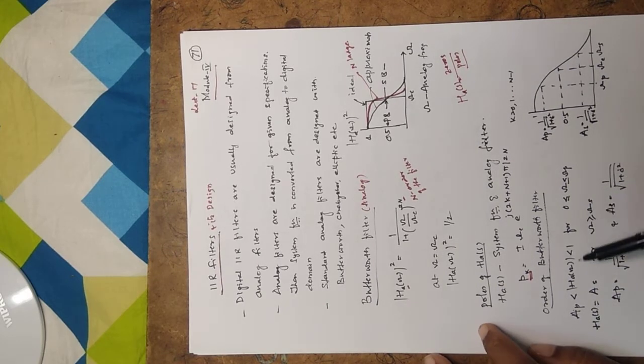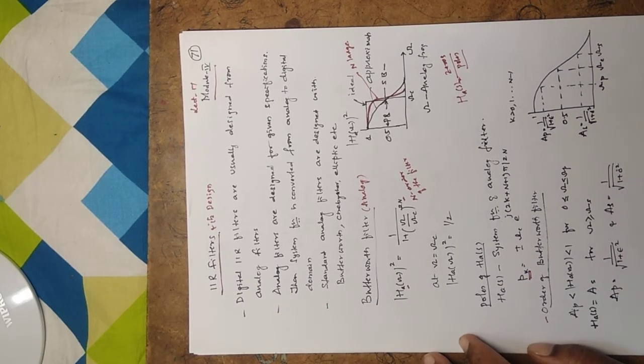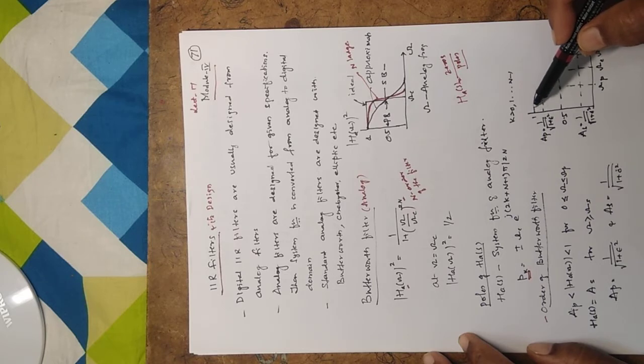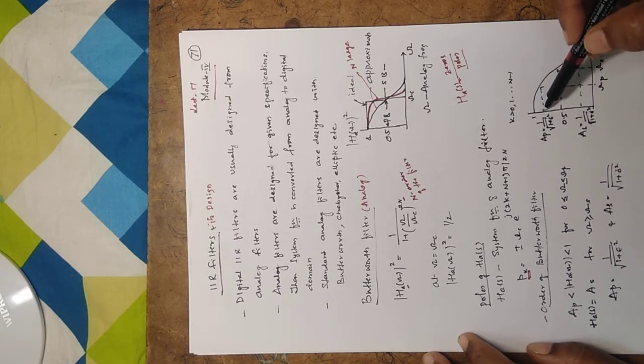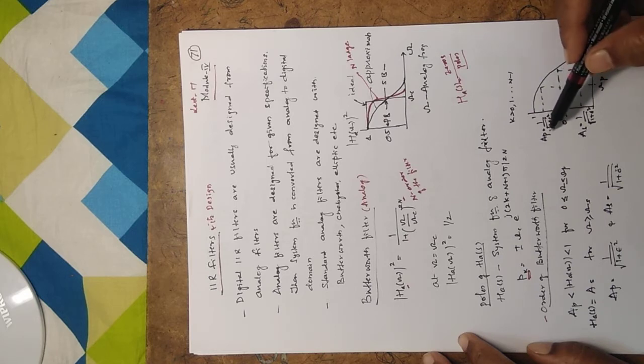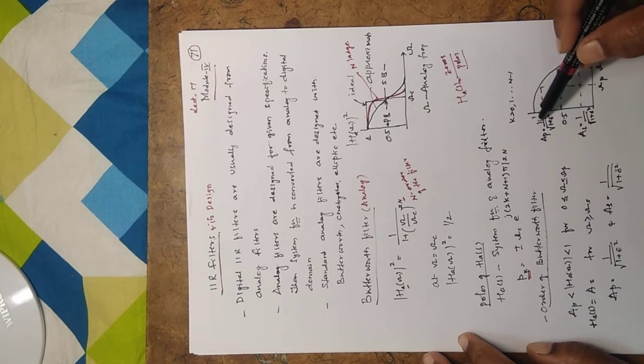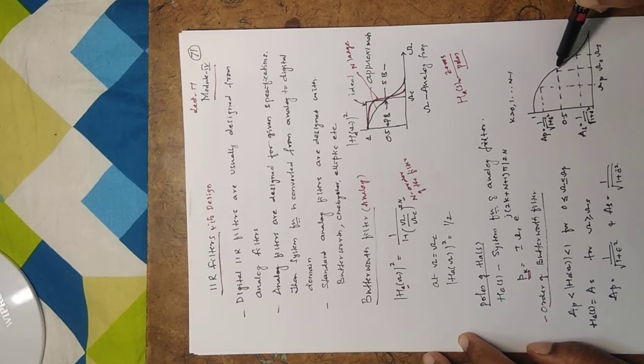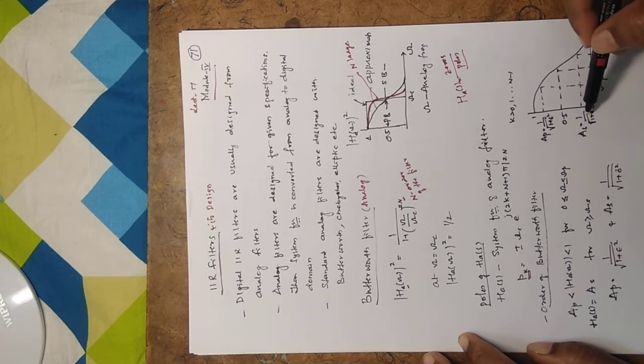Then how to find the order of the filter and the cutoff frequency. Here I will redraw the same figure. If this is 1, then the amplitude at the pass band is 1 divided by root of 1 plus epsilon square, and this is the cutoff frequency omega c, and beyond this is called the stop band. There the magnitude is 1 divided by root of 1 plus delta square.